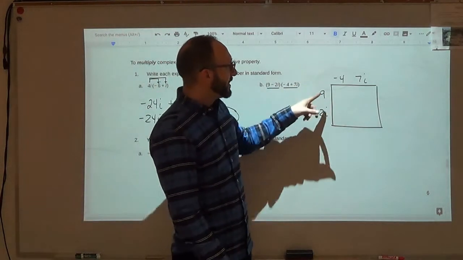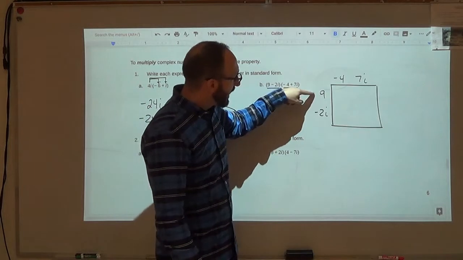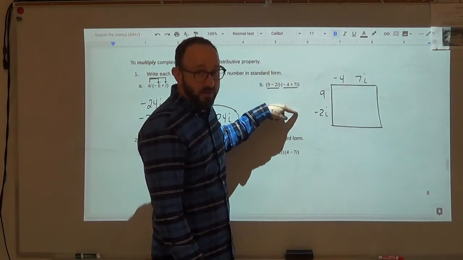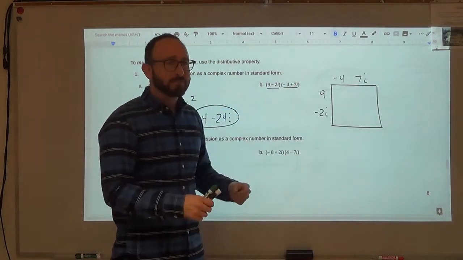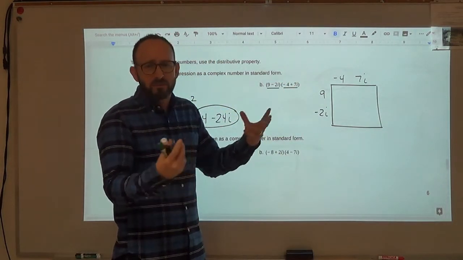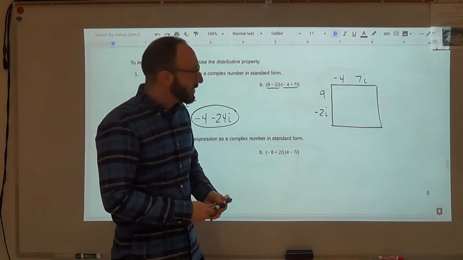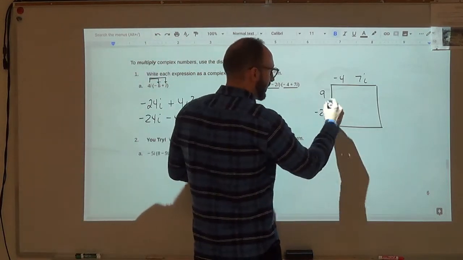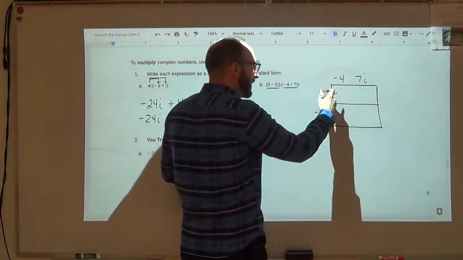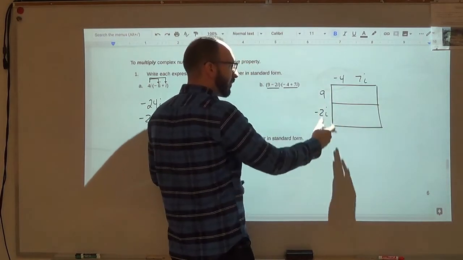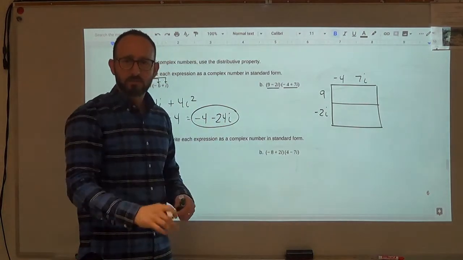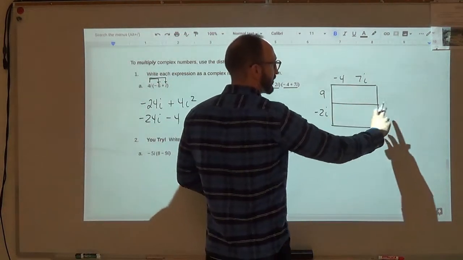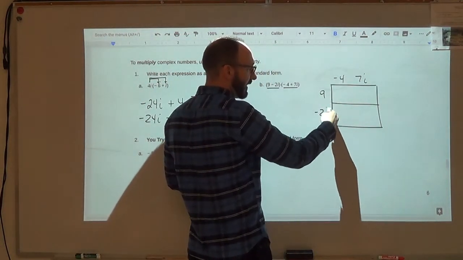Now, one thing that you're probably noticing here is that this is a real number, this is an imaginary number. So those 2 have different lengths. Clear on that? So what happens is these dimensions break the length up into 2 strips. This bottom strip has length -2i.